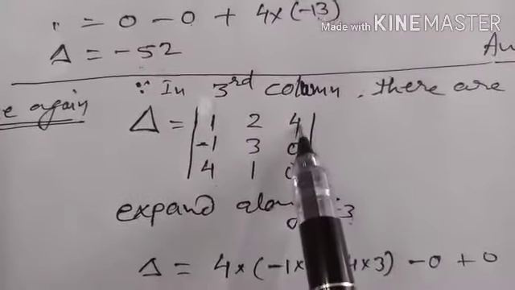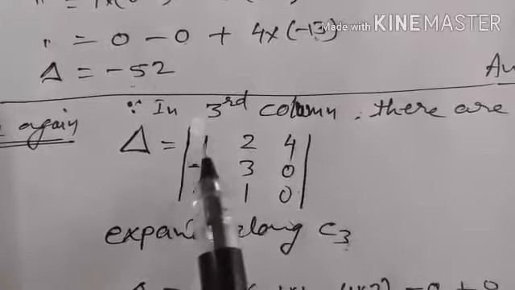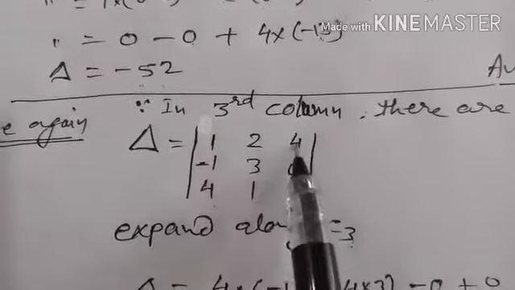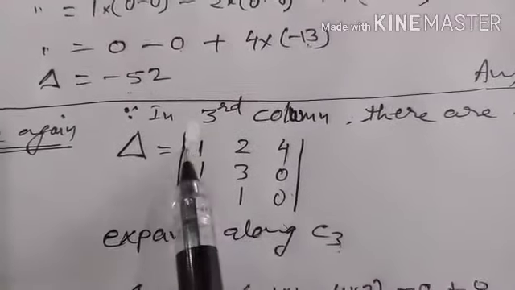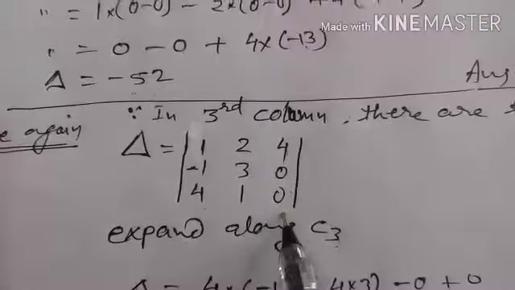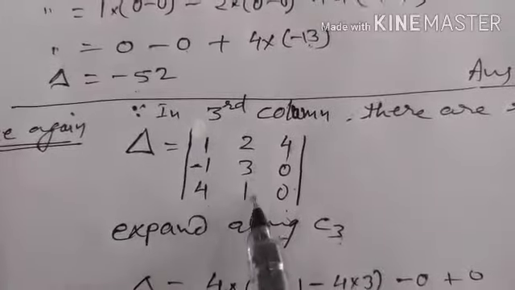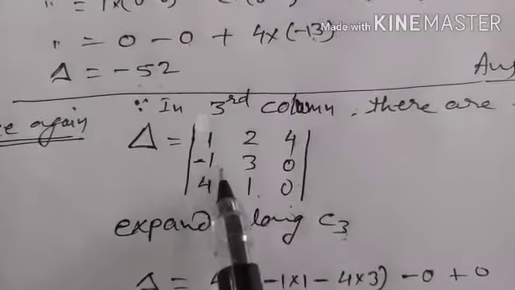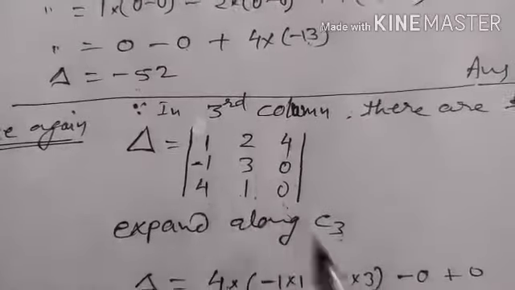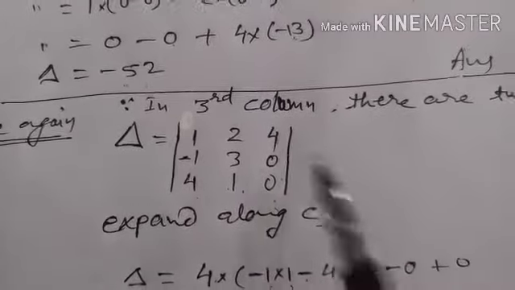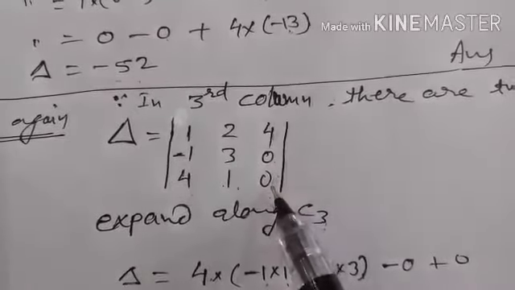So here first element, which is 4, first taking the sign, this is plus, after that minus, and once again plus, so it is plus 4. So once again first row and third column deleted, so only this 2 by 2 determinant remaining. So minus 1 into 1, minus 4 into 3. After that this is plus, after that minus, and once again plus.